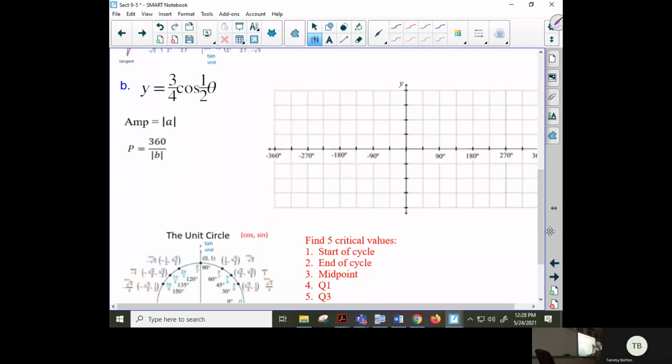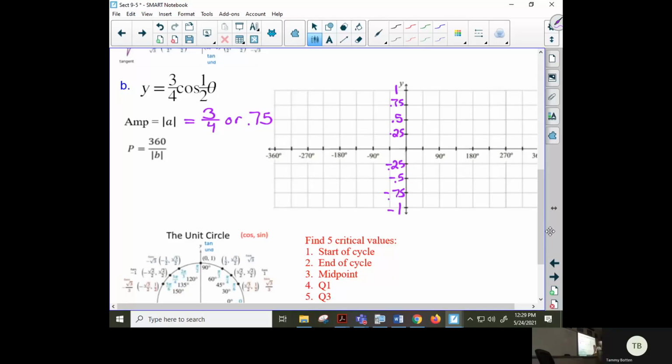So now if we look at this one, our amplitude is going to be 3/4 or 0.75. And it doesn't matter how you write that. Probably what I would do here is just make this a 1, this a 0.5 or 1/2. And do you guys get then this would be 0.75, this would be 0.25? I'm going to just leave it as a decimal.